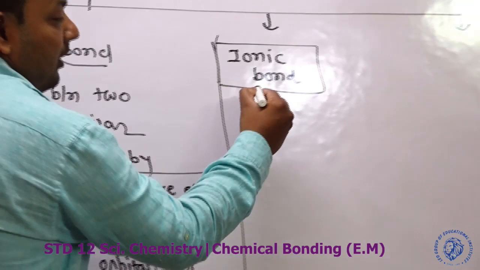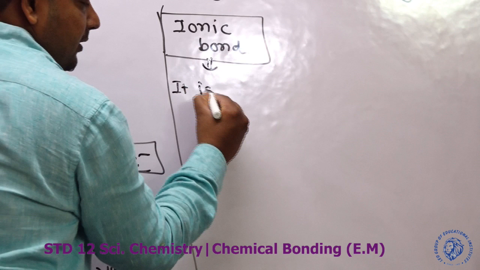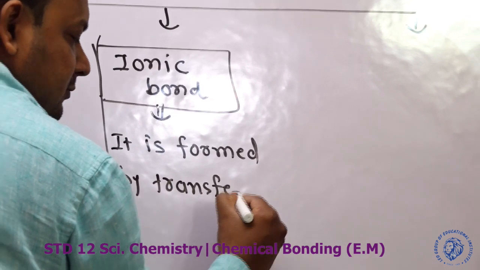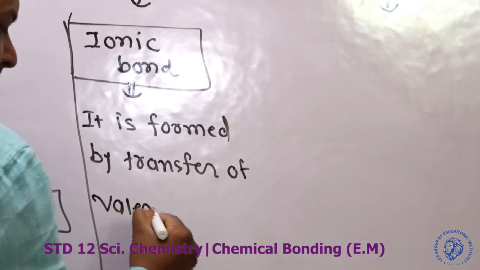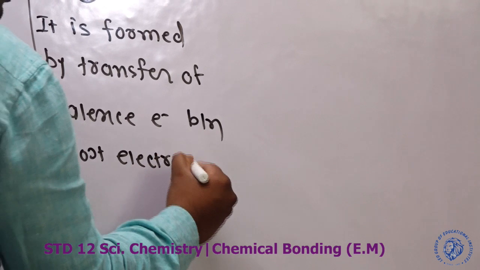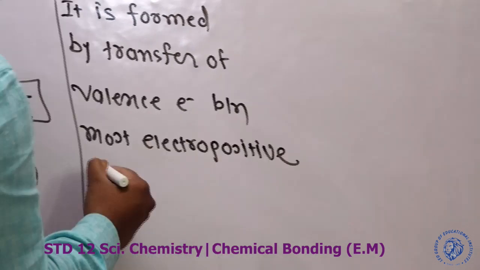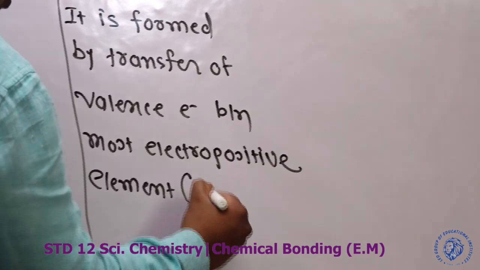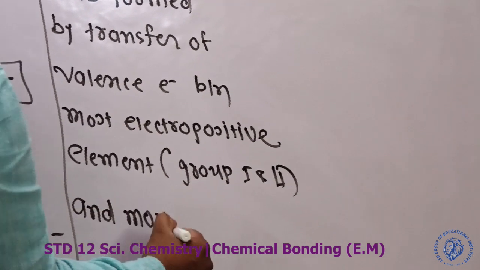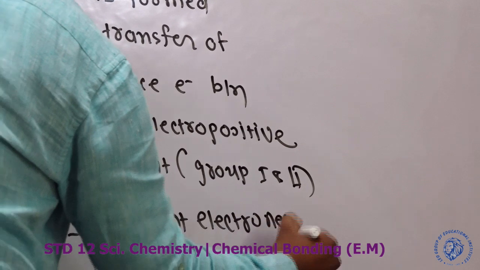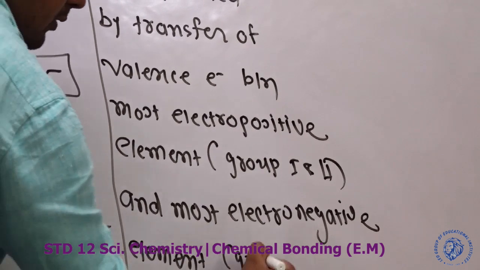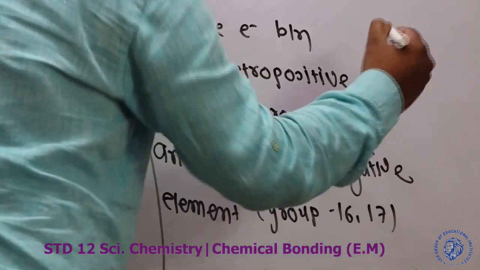Ionic bond. So, as we discussed, it is formed by transfer of valence electron between the most electropositive elements, group 1 and 2, and the most electronegative elements, group 16, 17.